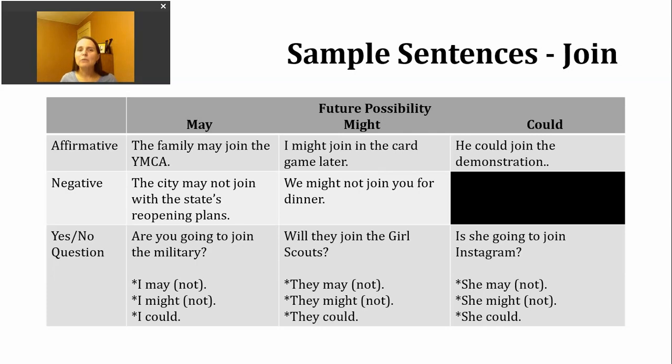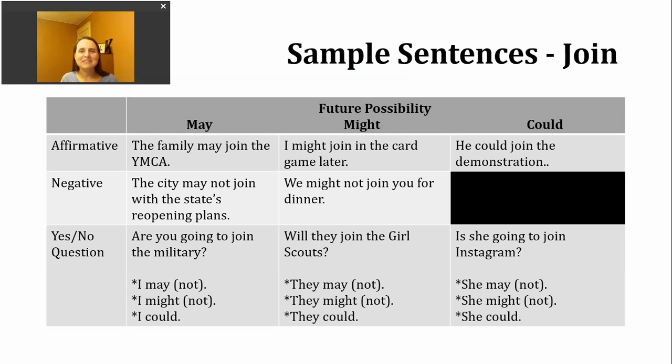So now with these, we're going to be a little less confident. Said another way, we are a little unsure. But a particular activity might be a possibility, or it may be a possibility, or it could be a possibility.